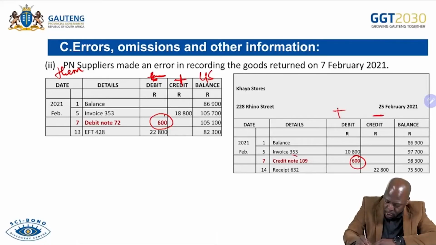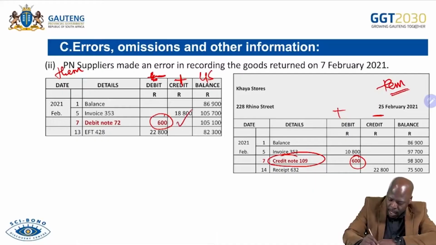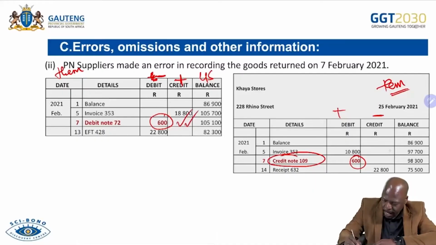So a credit note should have been on the credit side, but it was recorded on the debit side. By who? By them. So we are correct here, but they are wrong. What did they do? They recorded a credit note on the debit side.